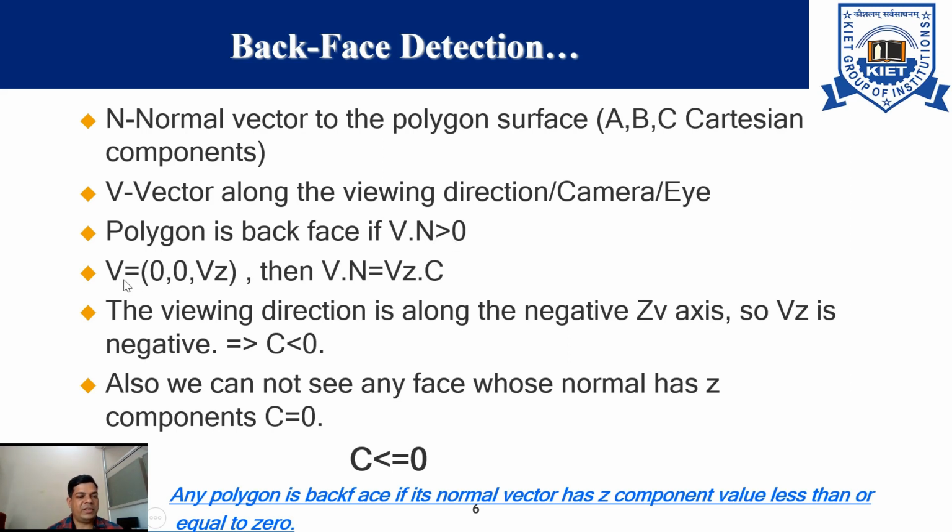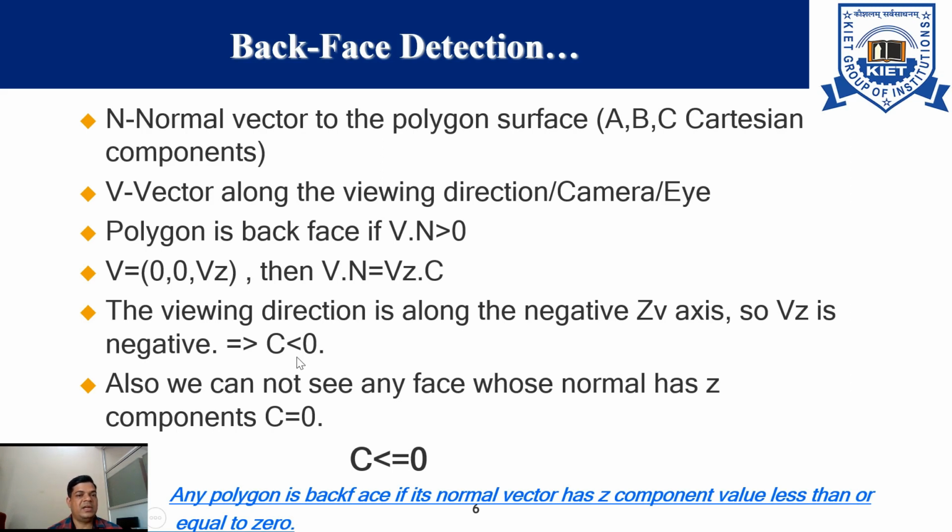The vector V could be defined as 0, 0, Vz, where Vz is the viewing direction. So we can write V dot N as Vz times C, where C is the coefficient along the z-axis. Now the viewing direction is along the negative zv axis, so the position from which we are viewing the object is along the negative z-axis.